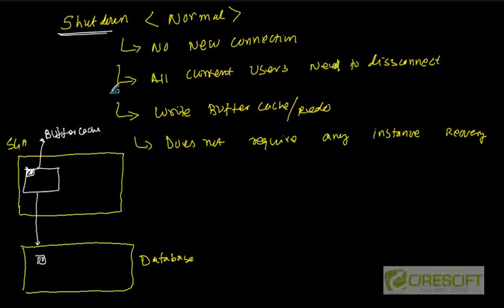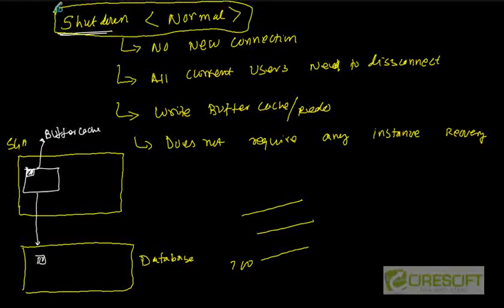But the problem with shutdown normal is this: let's say we have 100 users connected to a database and we want to shut it down. We need to wait for those 100 connected users to get disconnected, and if even one of them is still connected, it is not going to succeed.